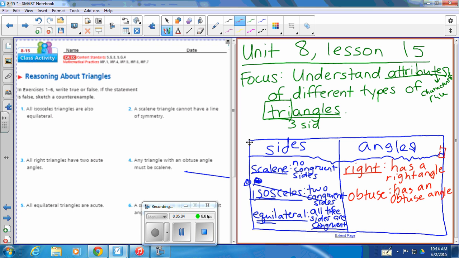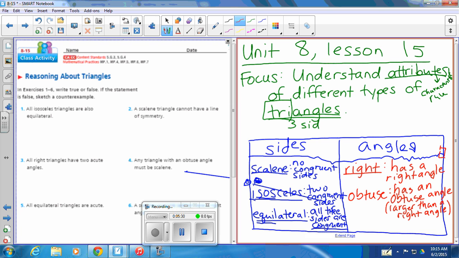An obtuse angle is something that's larger than a right angle, so larger than 90 degrees. And remember, a right angle is 90 degrees. So would 91 degrees be an obtuse angle? Yes. Would 90 degrees? No, because that would be right.